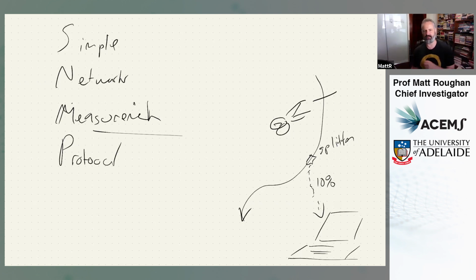And the brilliant thing about the Simple Network Management Protocol is it's almost ubiquitously implemented in almost every network device you're ever likely to come across. So if you tear apart your home router, your little DSL router or your NBN router or whatever you have at home, you'd probably find that it can do this.